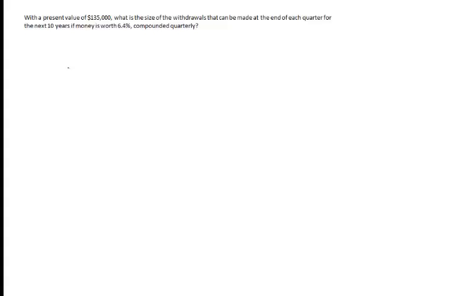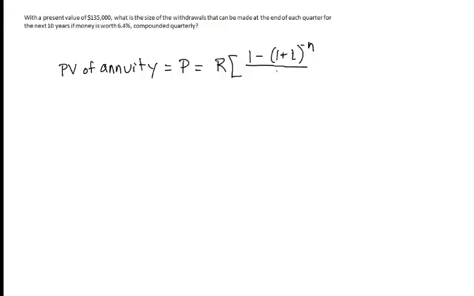So for this problem, we're going to need to use the present value of annuity formula, which is present value of annuity, or our book calls P, is equal to R times 1 minus (1 plus I) raised to the negative n, all divided by I.